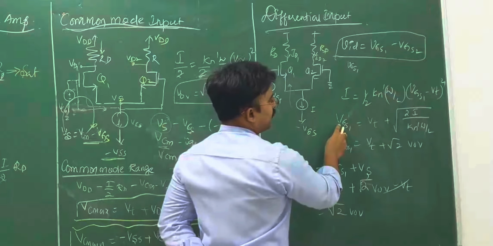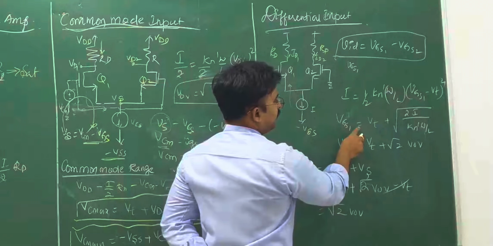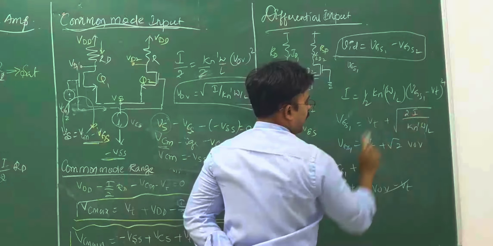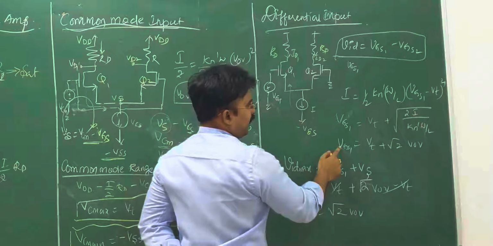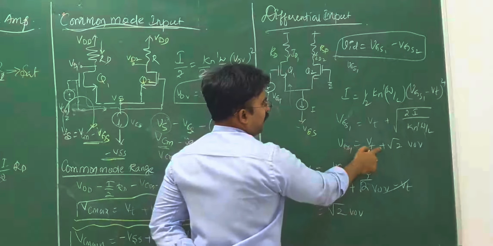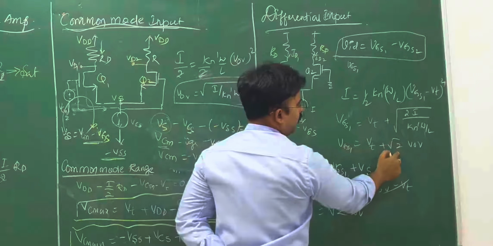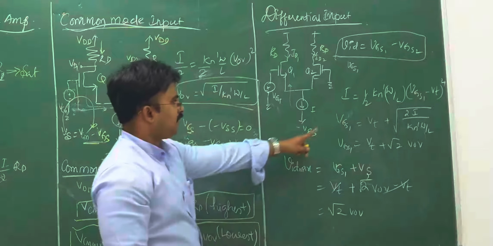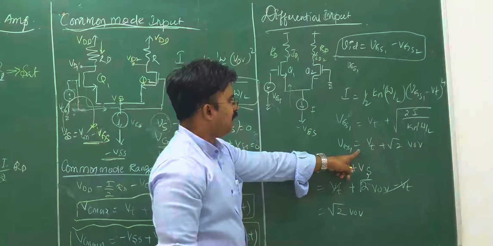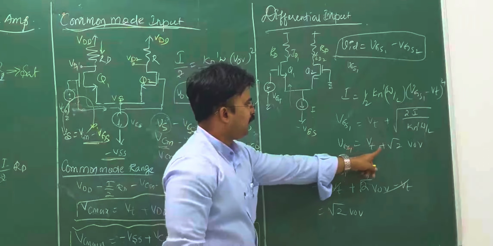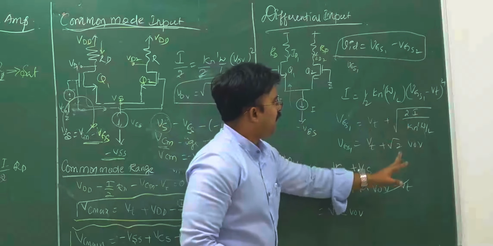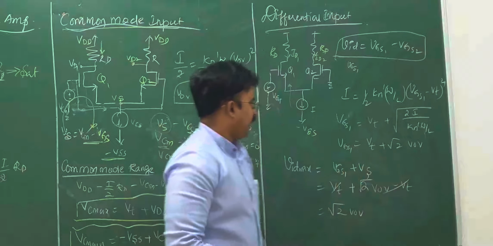From this equation, simplifying, VGS1 is equal to VT plus under root 2I by K dash, which is VT plus under root V overdrive.